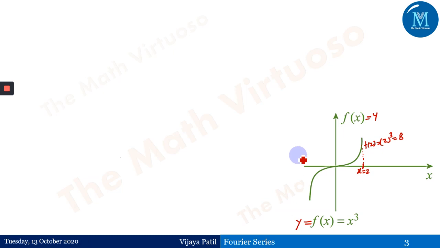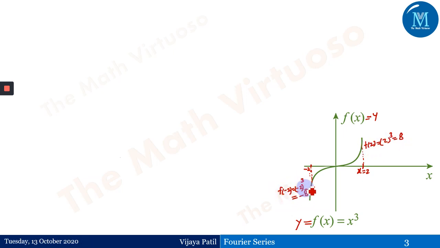Let me just take the negative of 2, that is minus 2, and see the value over here. This is nothing but f of minus 2, which is minus 2 in the bracket cube, which is minus 8. So f of 2 is 8 and f of minus 2 is minus 8.